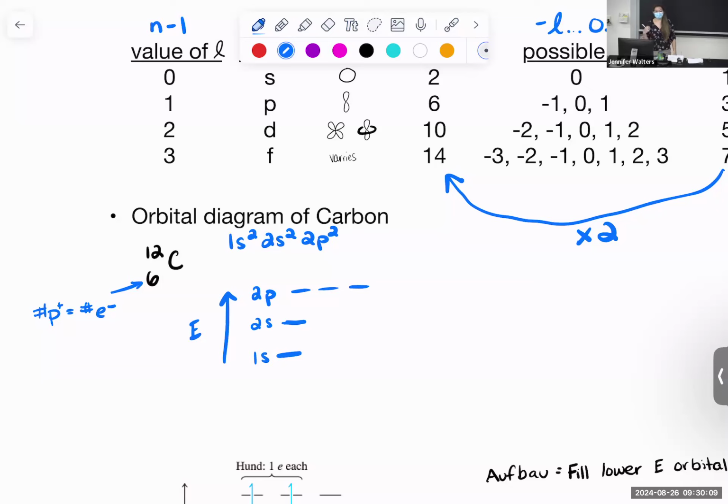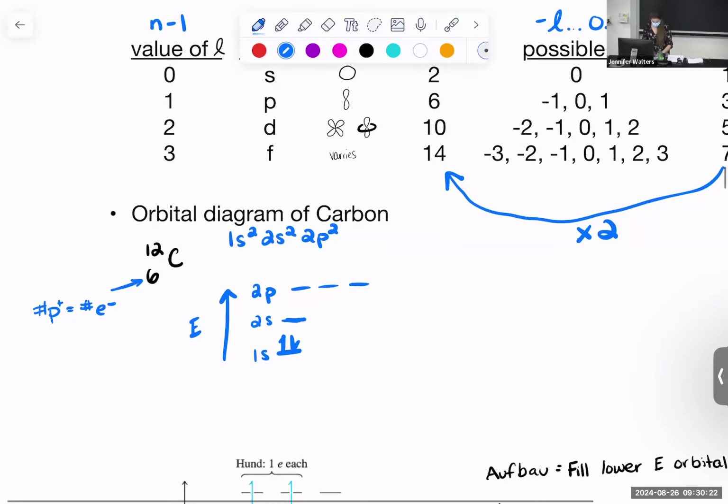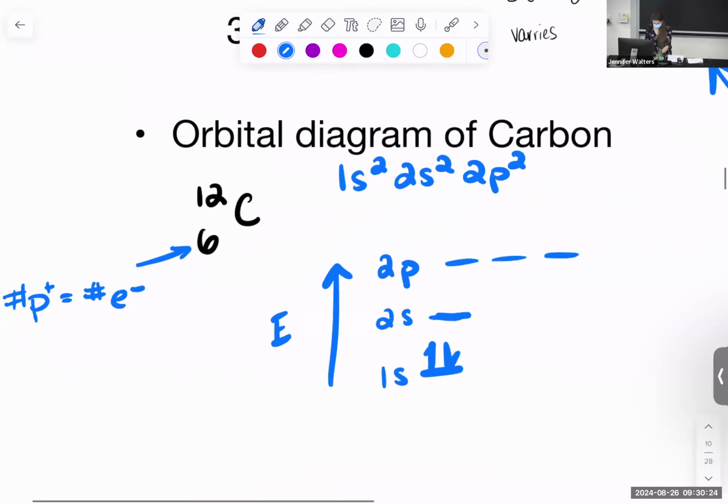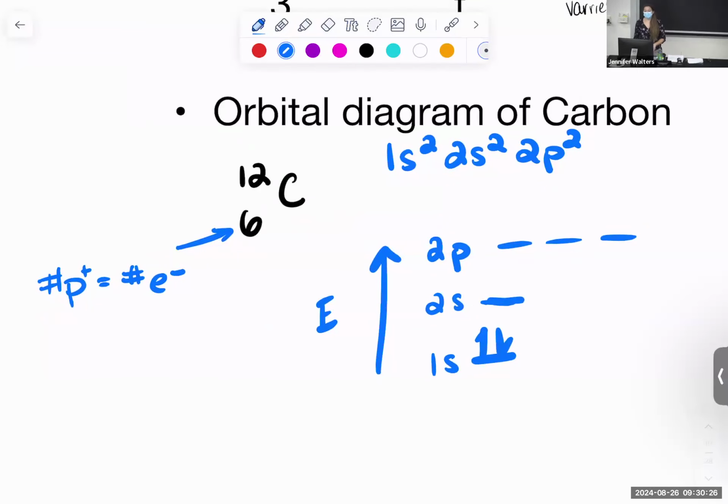We fill from bottom up, go lowest energy to highest energy. So we put 2 electrons into the 1s orbital. They have to have opposite spins. You can either do the little half arrows or full arrows pointing up and down. The direction of the arrows are arbitrary. We don't actually know if it's clockwise or counterclockwise.